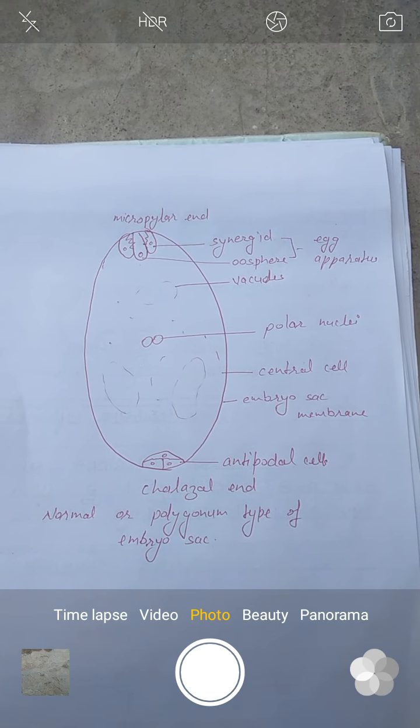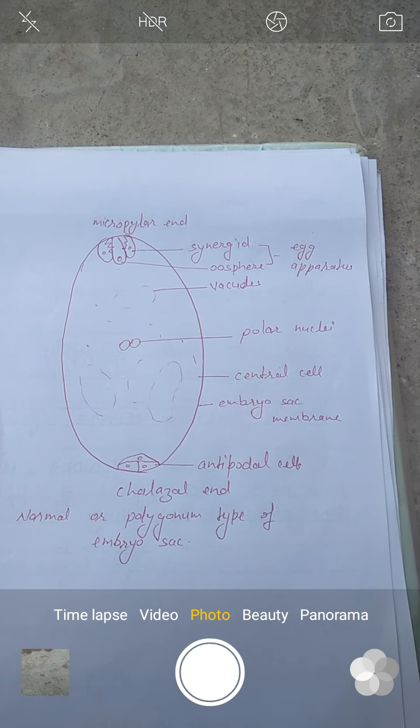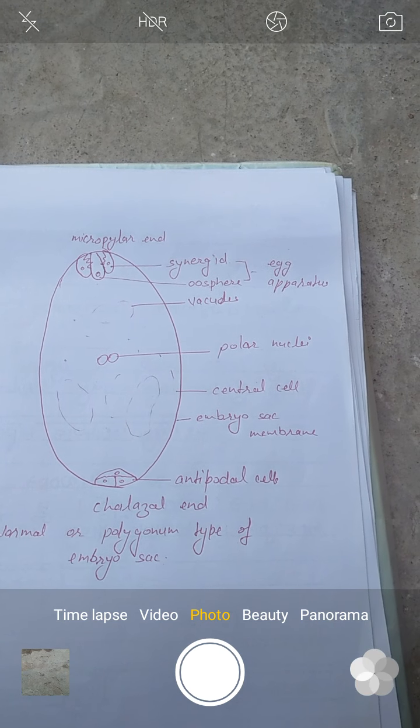One middle cell is larger and is called the egg cell or oosphere. It has a central or micropylar vacuole and a nucleus toward the chalazal end. A filiform apparatus may or may not be present. The remaining 2 cells are called synergids, or we can say cooperative cells or help cells.